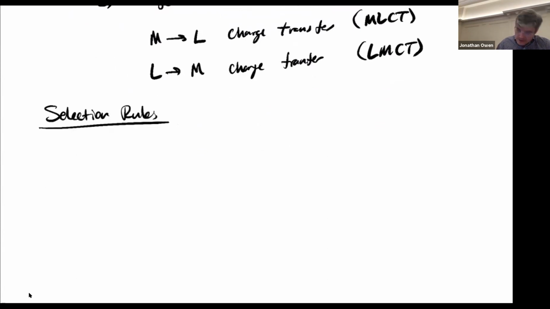So we're going to talk about selection rules. This just means how probable is the transition.